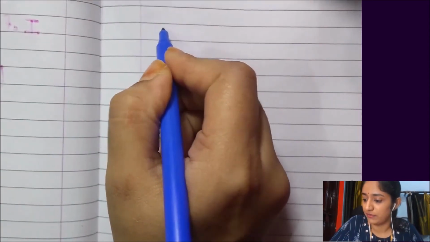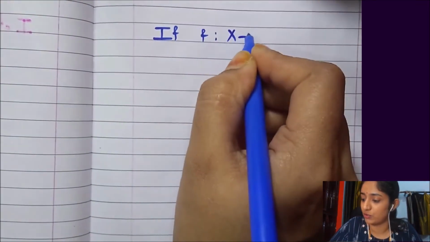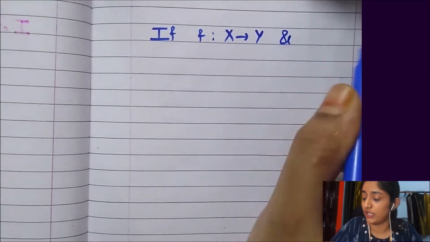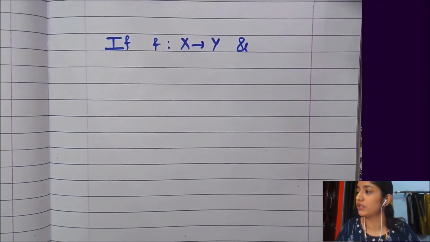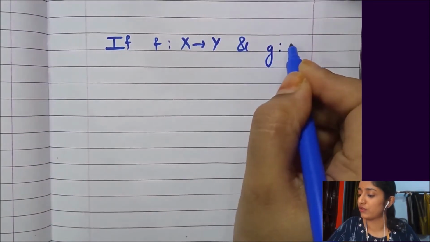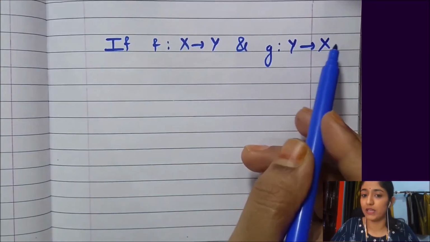Now that we have talked about identity, we can talk about one more thing. Just like we have reciprocals in numbers, we can talk about some kind of reciprocal sense in functions also, right? So if f is a function from x to y and g is a function from y to x, did you see these flipping over?